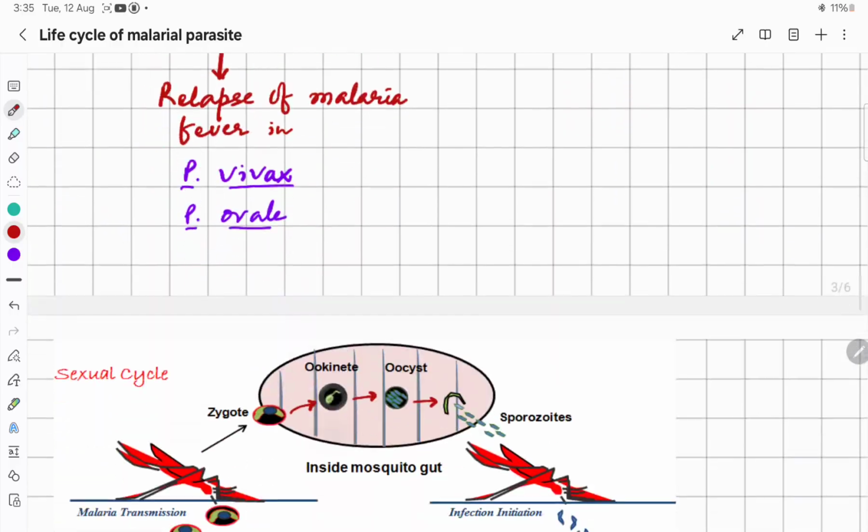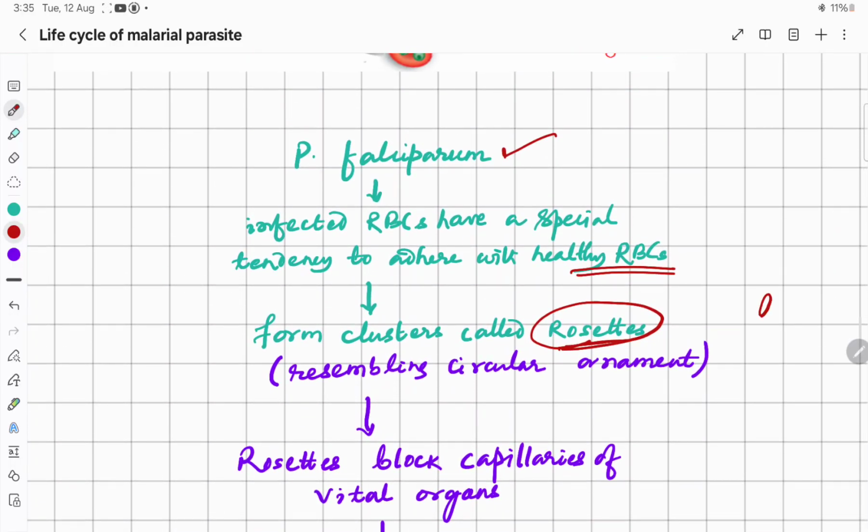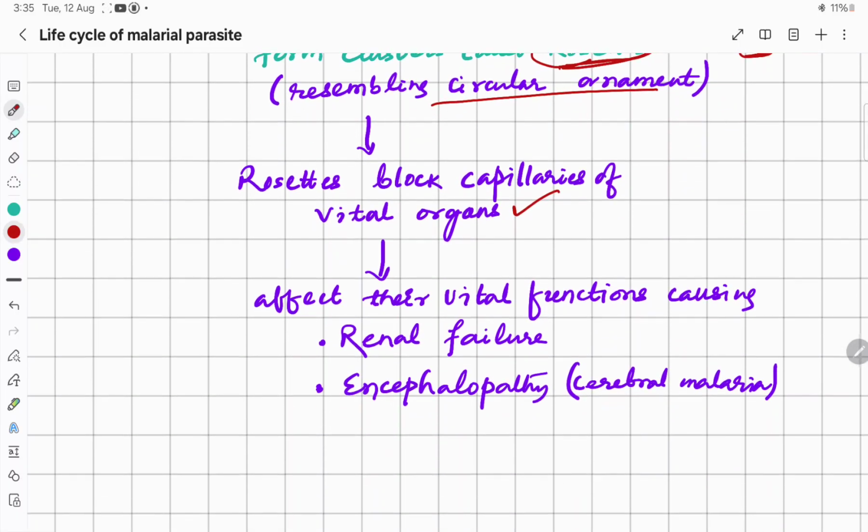But in case of Plasmodium falciparum, one more stage is there, that is the rosette stage, the circular ornament-like stage. These rosettes block capillaries of vital organs like kidney and brain, and affect their vital functions, causing renal failure and encephalopathy. Most popularly it is known as brain malaria.